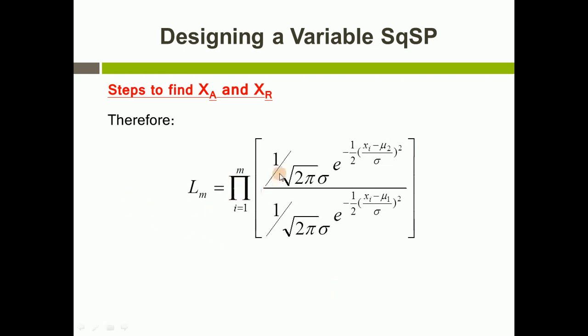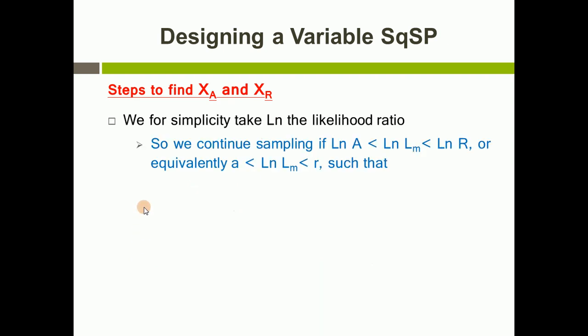So here's the substitution. Now I can cancel this with that, and then I can take the exponent of e in the denominator to be with the numerator like this. For simplicity, we usually prefer to take the logarithm of Lm, so we shall work with the ln of Lm.